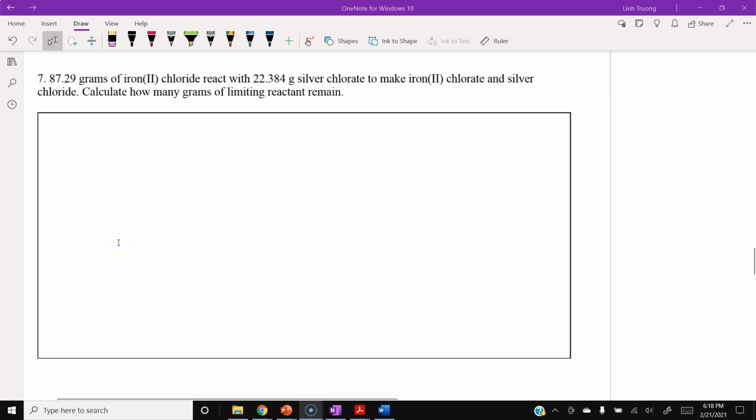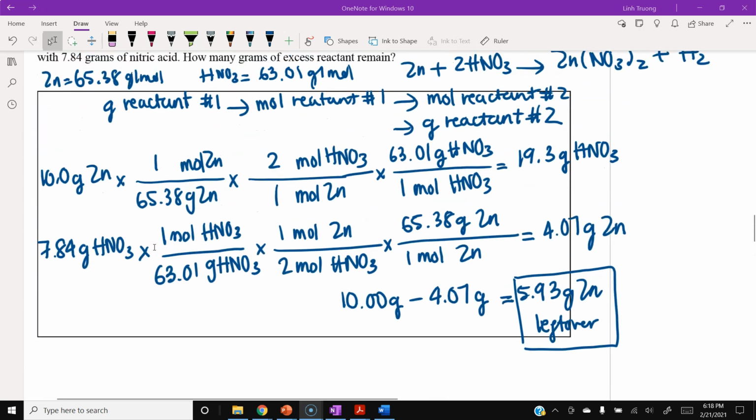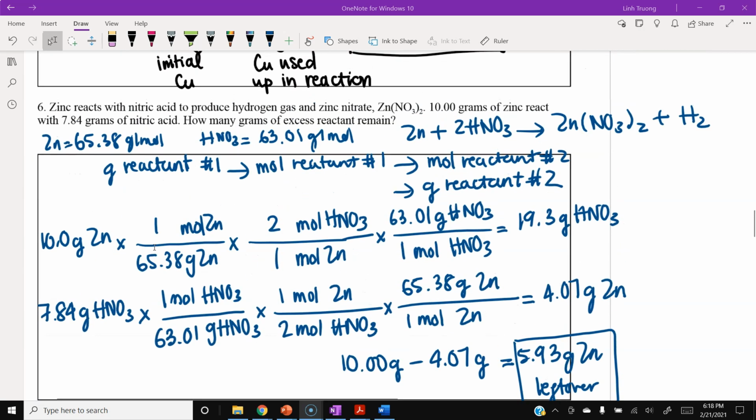By definition, you know that the limiting reactant gets completely used up in a reaction. So let me just pull you back here to this problem I just did previously. We know that zinc is our excess reactant because we have a lot more than what we need. We need only about 4 gram, but we have 10 gram. And for nitric acid, which is our limiting reactant, we need 19 gram, but we only have 7.84.